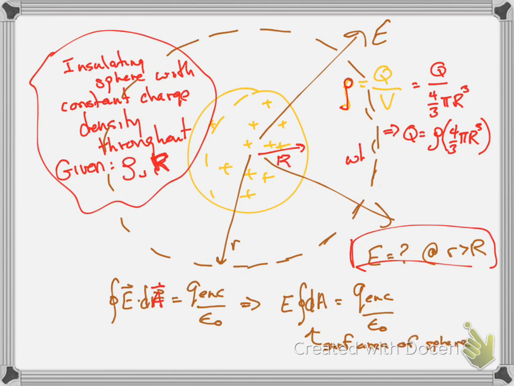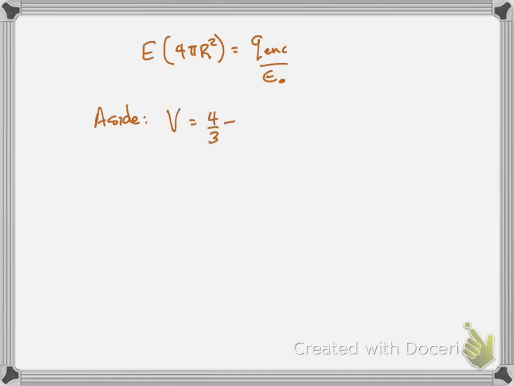So this doesn't look any different than a point charge currently. So E times the surface area of the sphere, 4 pi r squared, is equal to the charge enclosed over epsilon 0. I will take an aside here and note that you really do need to know the volume of a sphere is 4/3 pi r cubed, and the surface area of a sphere is 4 pi r squared.